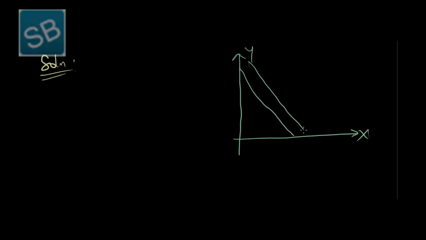So we assume this is the floor and this is the wall along the positive y-axis. So the ladder is placed here, which is at a distance y and at this height x. This is the ladder and this is the wall.